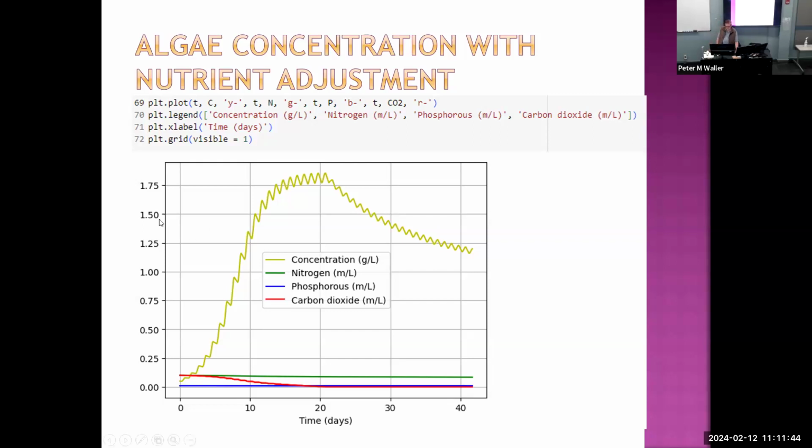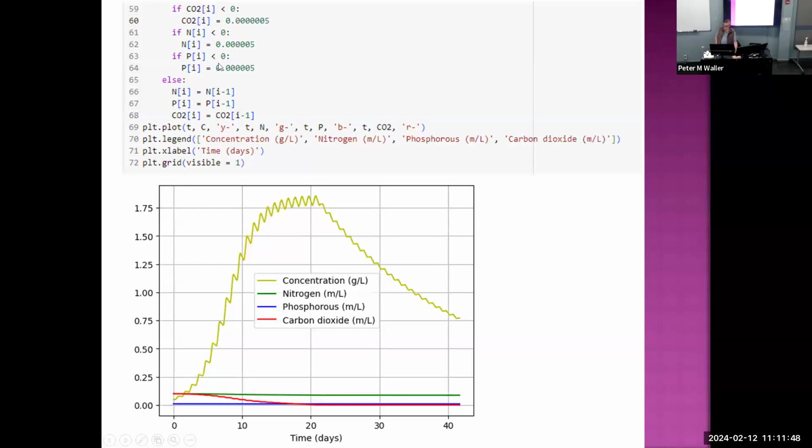So if we go to the next slide, you can see that if I drop it one more decimal point, the concentration goes down even faster.